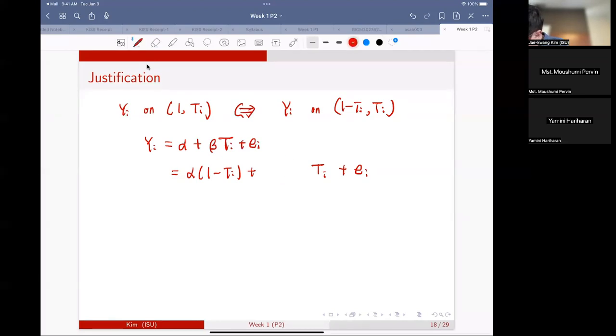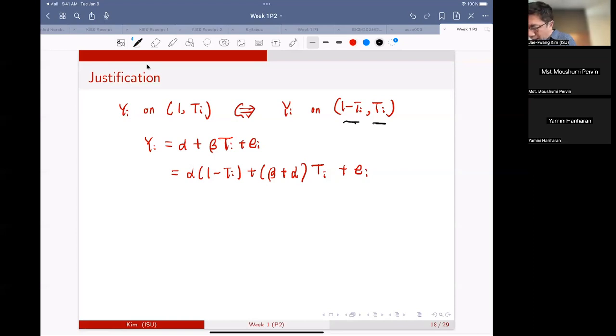So if you write it this way, same thing, right? But what is the advantage of using this basis? They are orthogonal, so you can apply OLS to each one.